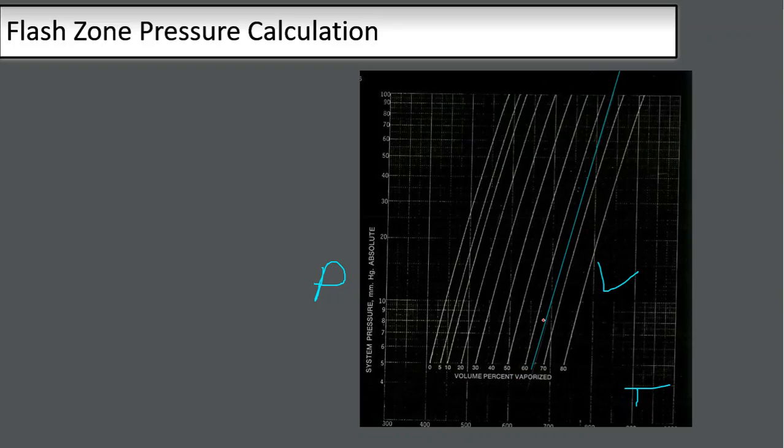Because there is no such line at 65, we just draw a simple line at an approximate value of 65. Then 775 comes very close to 800, so this is the line representing 775. At the intersection point of these two lines, we can read the value on the y-axis, that is the pressure. It comes around 30 plus, meaning 32, 33, like that.